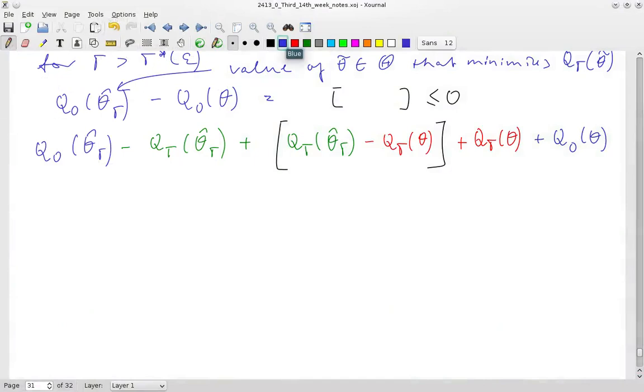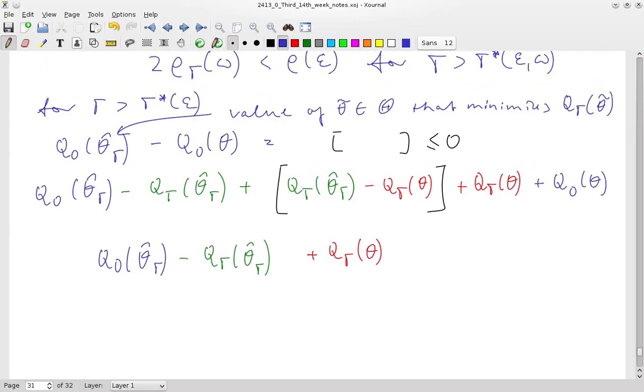So if I would leave that term out of the equation, so basically if I would write Q naught at theta hat t, maybe I stick to the green, Qt minus Qt evaluated at theta hat t plus Qt evaluated at theta and I have minus Q naught at theta.